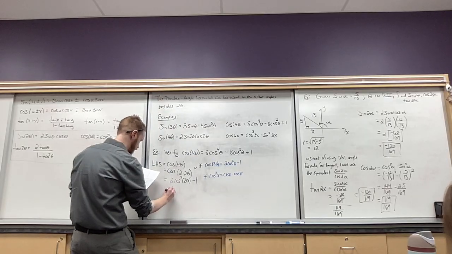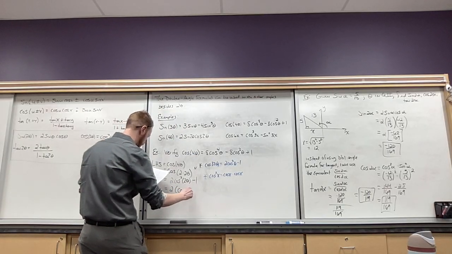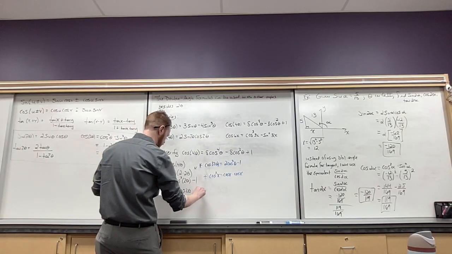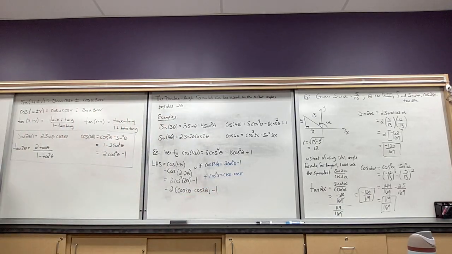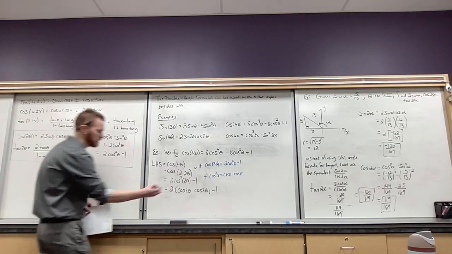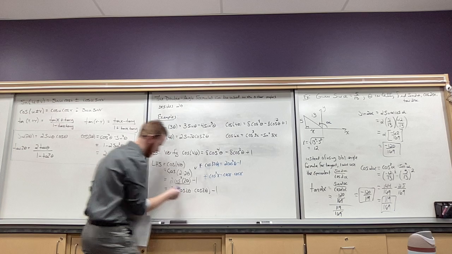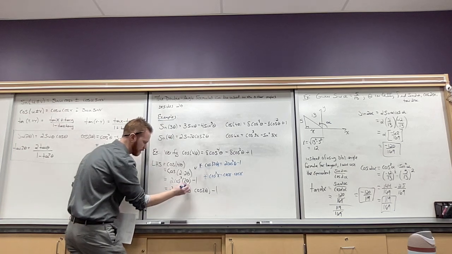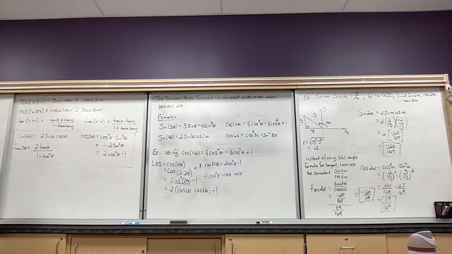This is going to be 2 times cosine of 2 theta times cosine of 2 theta, minus 1. So again, I'm just expanding this right here, using that property.